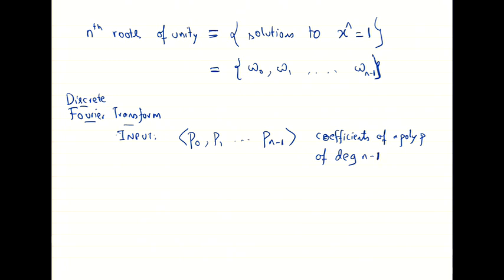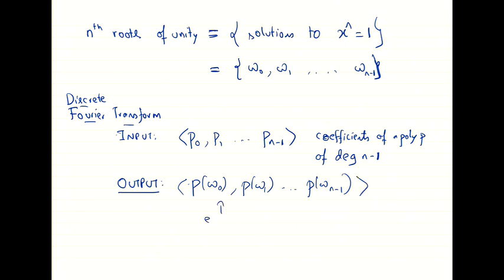Okay, and the goal or the output is just the evaluations of this polynomial p at the nth roots of unity. Evaluations at the nth roots of unity.